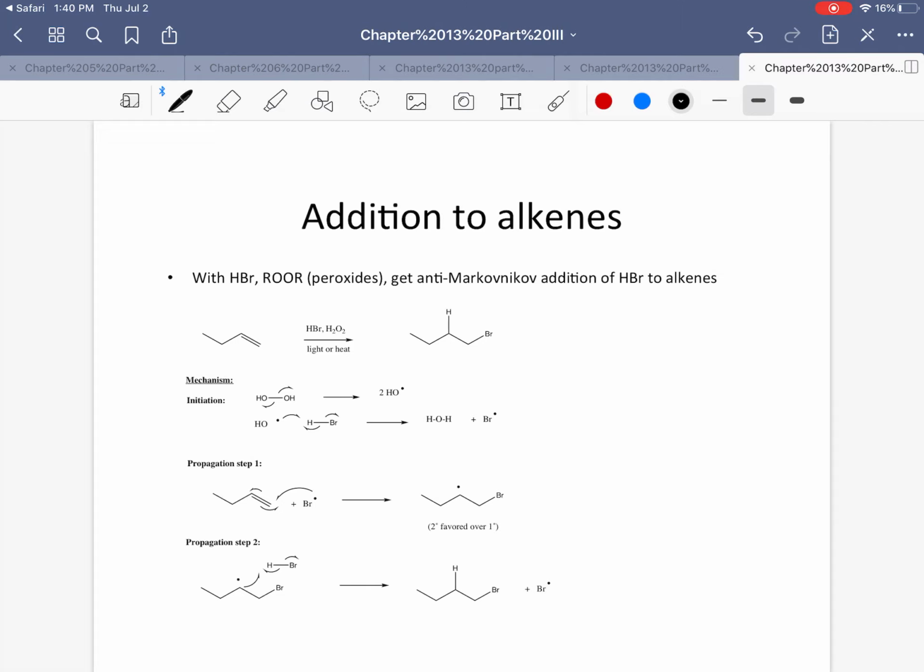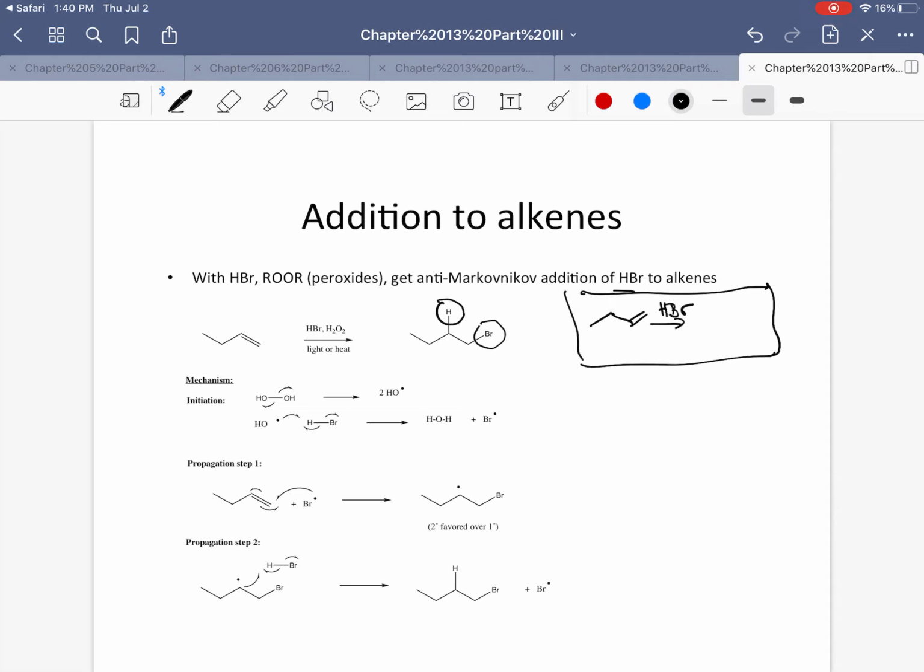Another reaction that can happen is addition to alkenes. So if I have 1-butene and I react this with HBr and peroxide with light or heat, you get anti-Markovnikov addition of HBr. So I end up with the bromine on the less substituted end, hydrogen on the more substituted end.